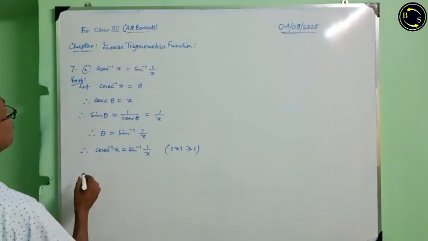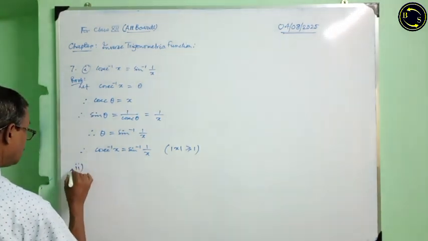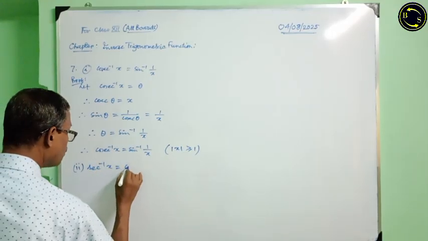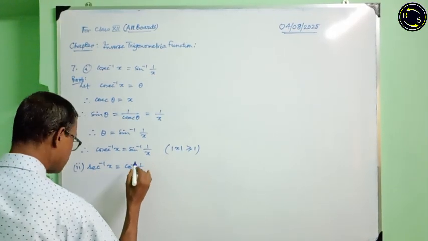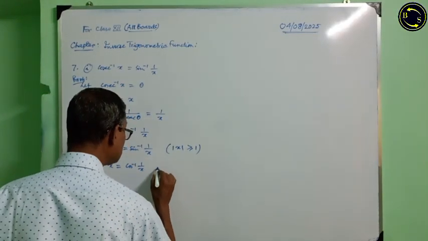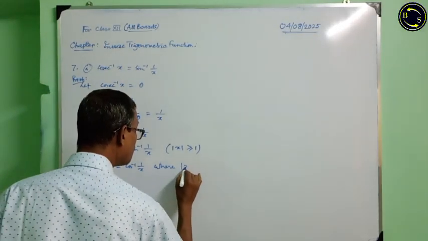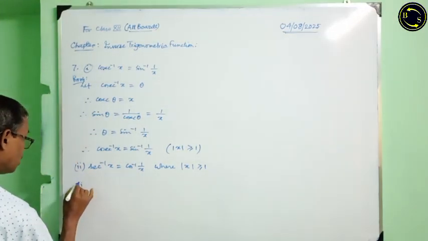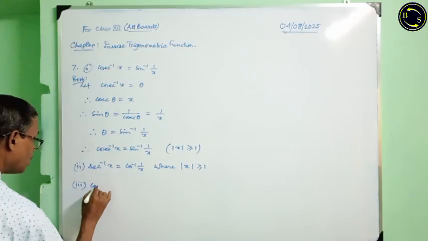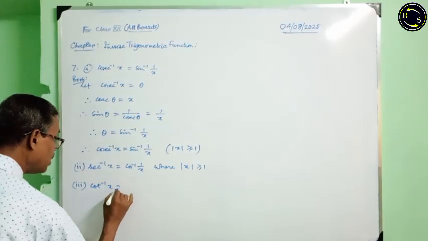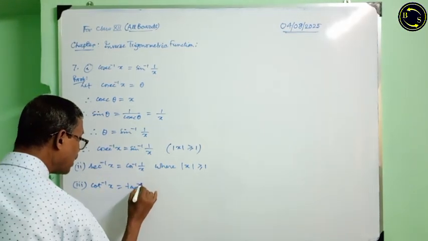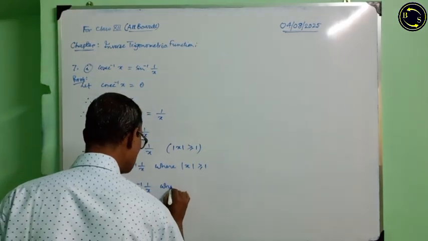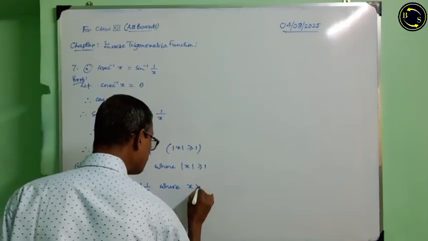And similarly, we can show sec inverse x equal to cos inverse 1 by x, along with the restriction mod x greater than equal to 1. Then number 3, cot inverse x equal to tan inverse 1 by x, where x is positive.